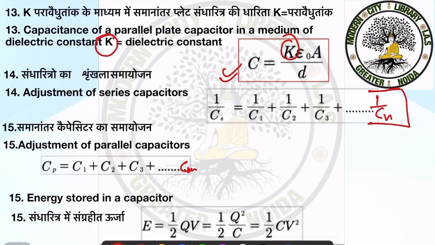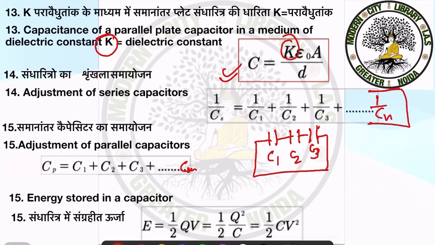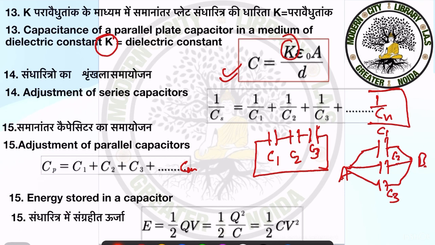Here is the series form, with capacitors C3, C2 and C1 connected in series. If in parallel form, like this, C1, C2, C3 between A and B. Okay.